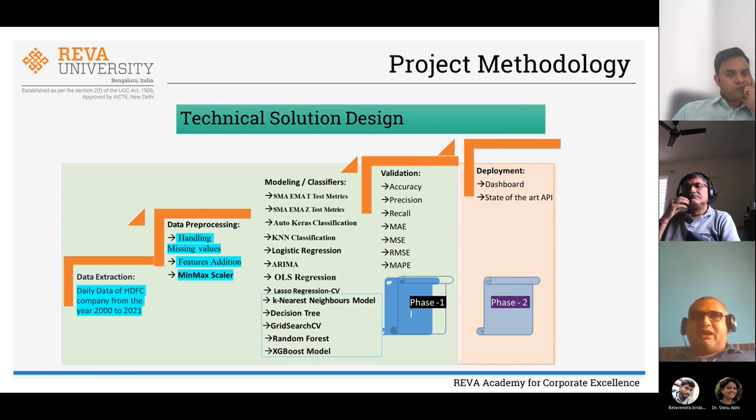For that we have 5 different metrics: mean absolute error, mean square error, root mean square error, mean absolute percentage error, and median absolute error. Using regression modeling techniques will give me the error of the predicted close price from the actual close price. So my sequence will be: first hypothesis testing, then classification modeling, and later regression modeling.